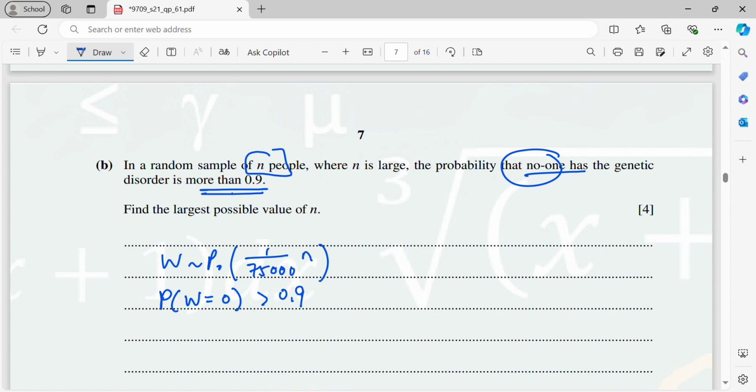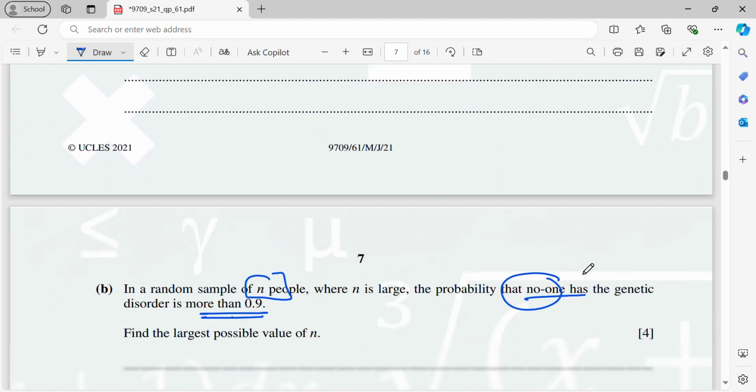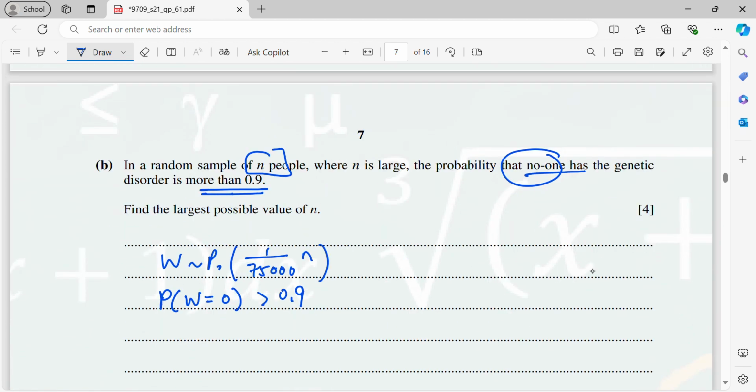When P(W = 0), refer back to the previous part: you just take e to the minus lambda. So now I get e to the power of negative n over 75,000, greater than 0.9.